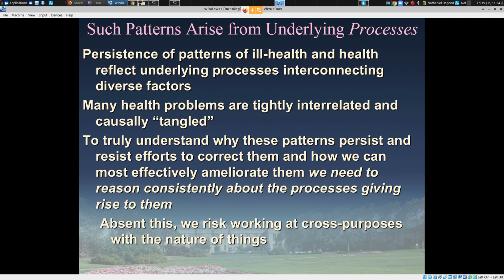The language of critical realism and realist philosophy speaks about this, where we talk about context, mechanism, and outcome. And we need to reason about the mechanisms. We're reasoning about an underlying situation that we can't directly observe in all its details. We can only get imperfect measurements of it.